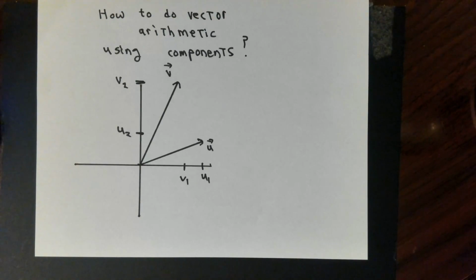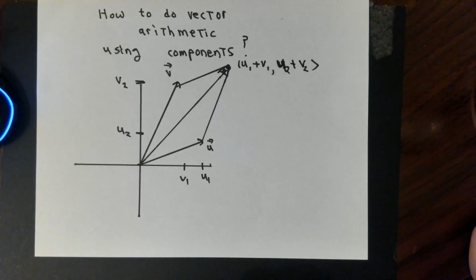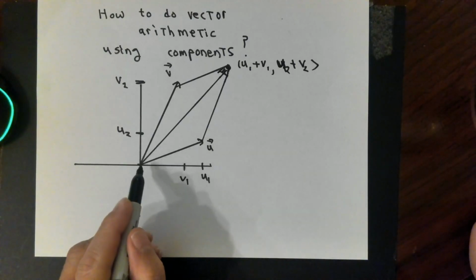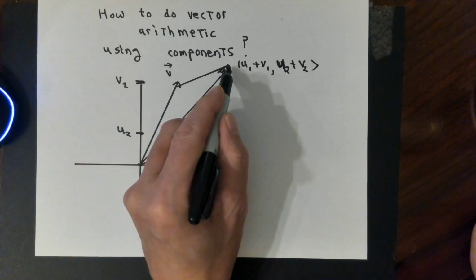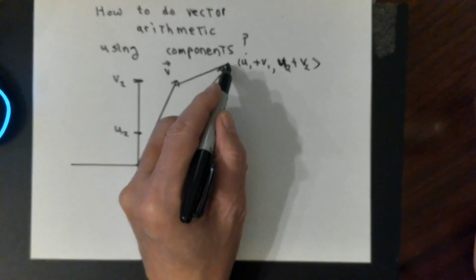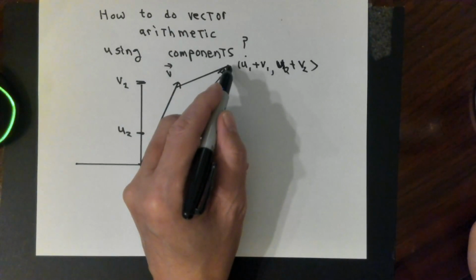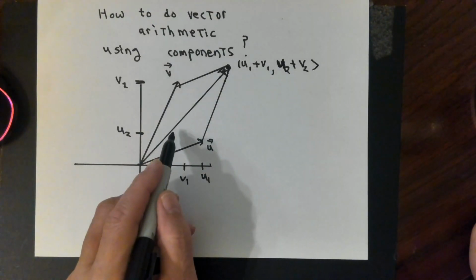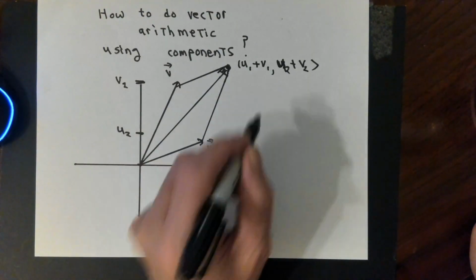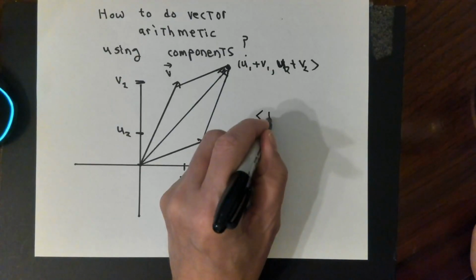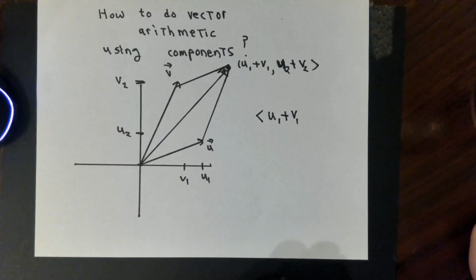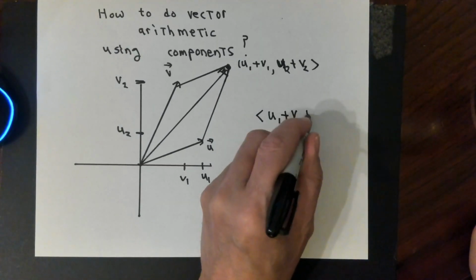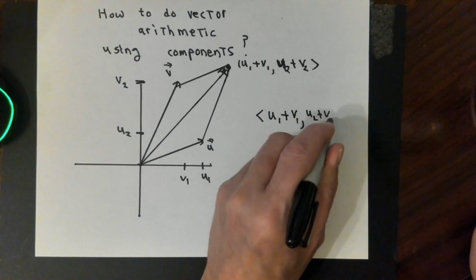Let's draw in the parallelogram that we were talking about a moment ago. On the other hand, if I start at the origin and go out to this point, the x and y coordinates of the endpoint are the components of this new vector. This new vector is u1 plus v1 for the first component, and u2 plus v2 for the second.